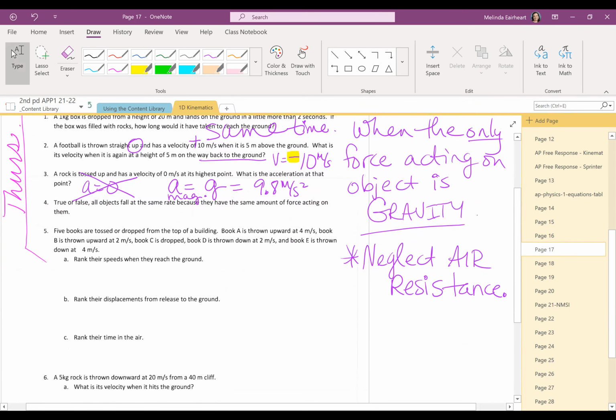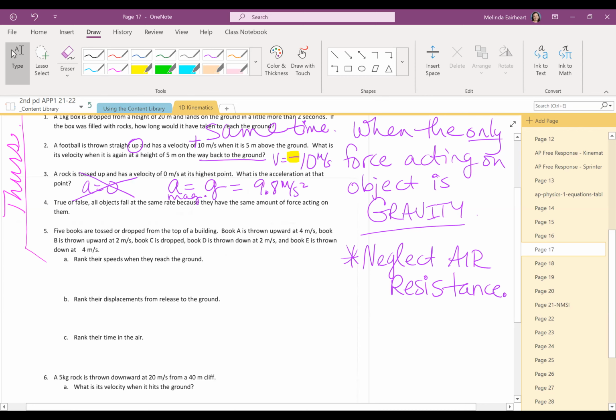True or false? All objects fall at the same rate because they have the same amount of force acting on them. Now, I know we haven't talked about force, but it does depend on mass, and so technically they have different forces. That hammer and feather have a different weight force, right? That's a force, but they fall at the same rate. The acceleration due to gravity is the same for both.